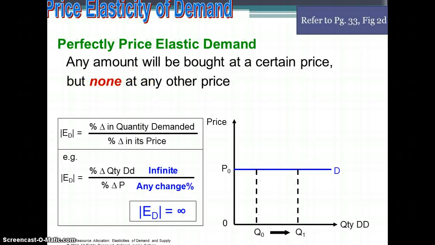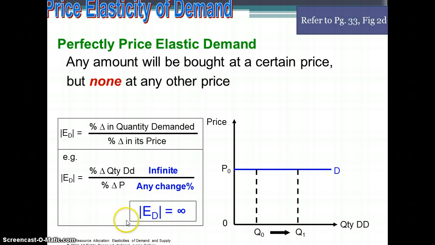This is the fourth case, another special case whereby the demand curve is a horizontal line. We refer to this kind of demand as perfectly price elastic demand, whereby any amount of a product can be bought at a certain price, P0, but none at any other price, which means that if there is a change in the price, the quantity demanded of a product will drop to 0.